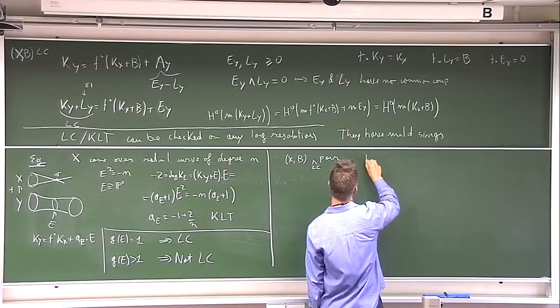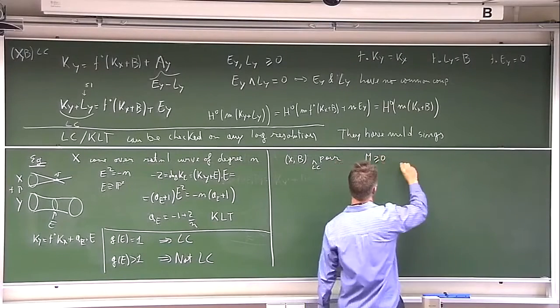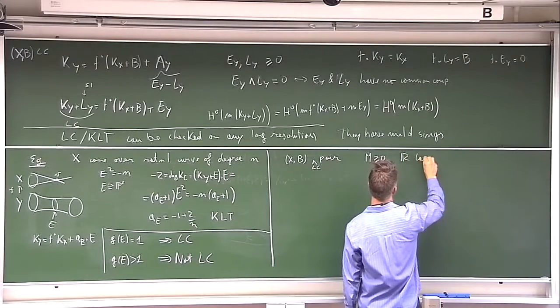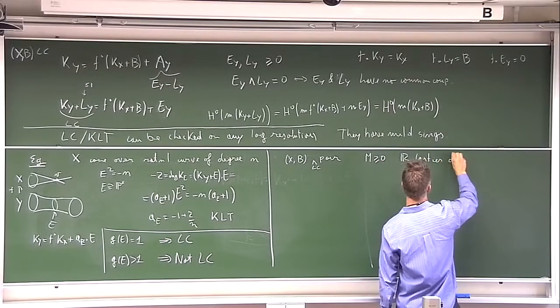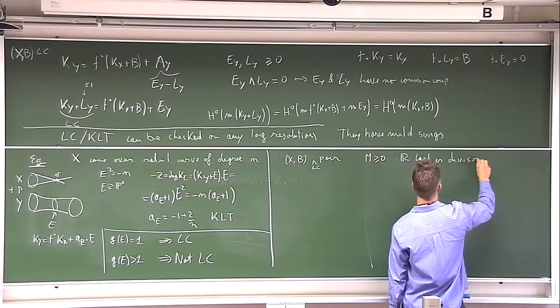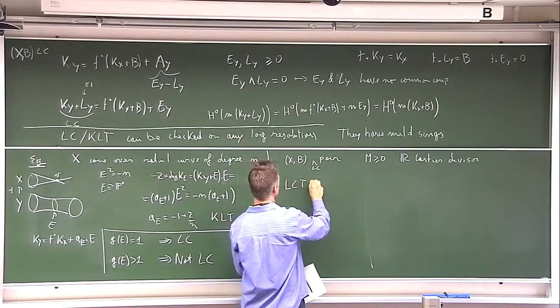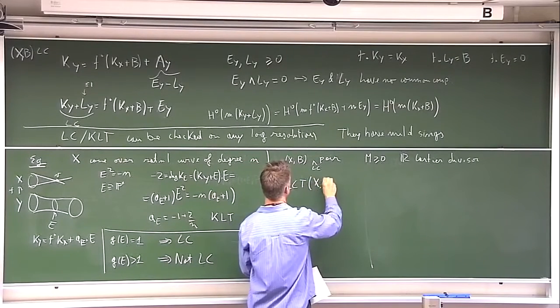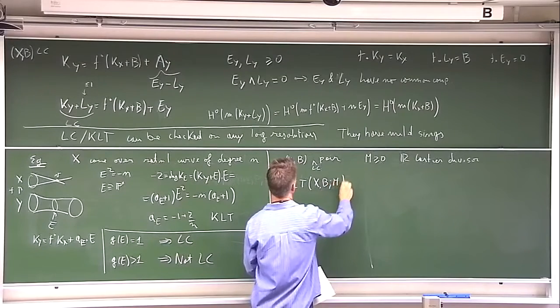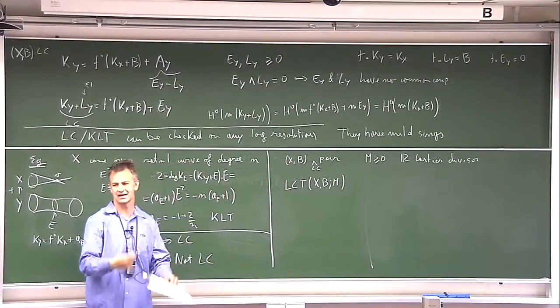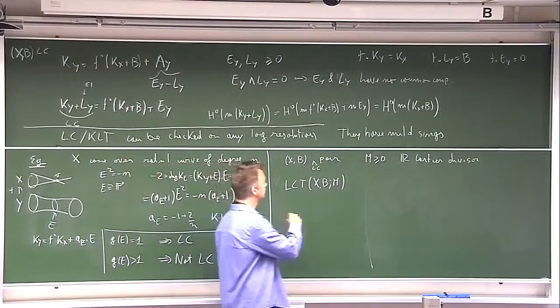And let's say that we pick M, some effective R-Cartier divisor. Then we're going to consider the log canonical threshold of the pair (X, B) with respect to this divisor M. This is probably not the right standard notation, but I think everybody will understand what it means.